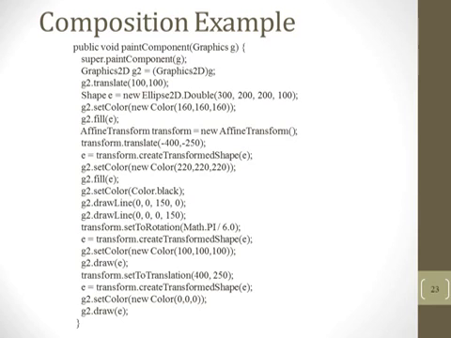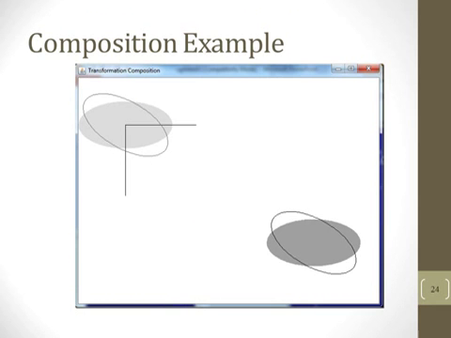We see the output of the previous code. The program shows a shape at different stages of composite transformation. The shape is originally constructed with a bounding rectangle 300, 200, 200, 100.